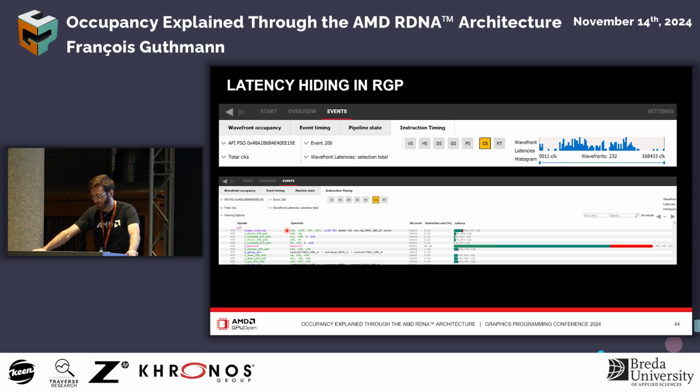What is interesting, though, is that this bar has two colors. There's a green part and a red part. And the green part actually shows you how much of that latency was hidden by other vector operations. And so in this case, we were able to hide about, I don't know, 80% of that latency, which is pretty good. And I don't know if you can see it on the screen. Yes, you can, I think.